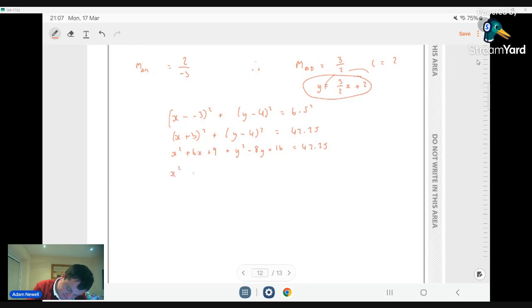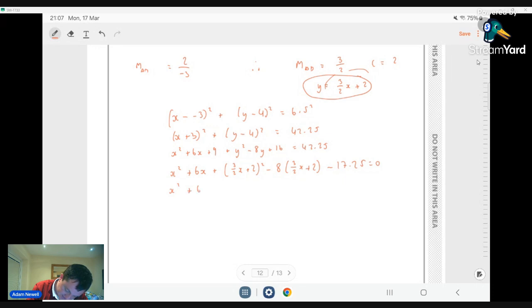So x squared plus 6x plus y squared, well, y is 3 over 2x plus 2 squared. Take away 8 lots of y. And I've got 9 plus 16, take away 42.25, gives me minus 17.25 equals 0.